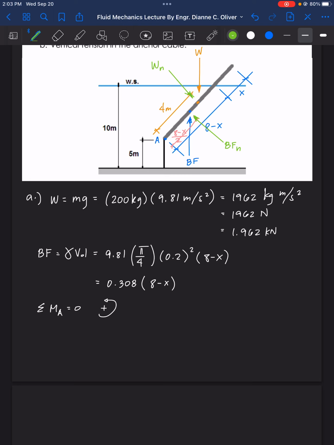The angle formed here is the same angle formed with the pole, the same angle with this one and this one. So those are the angle theta.